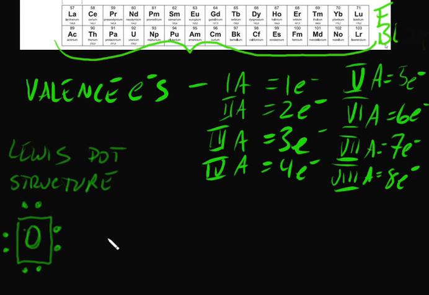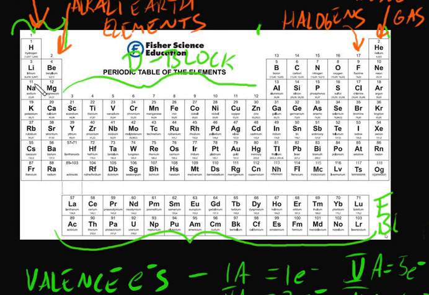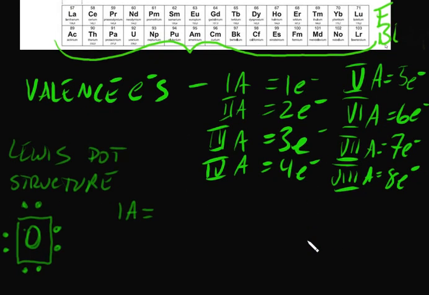So, group 1A atoms, for example, let's do lithium. We'll do all the period 2 ones. So lithium will have one dot, so we'll just put it on this side. We can put it on the top, we can put it on the left bottom, doesn't matter. Group 2A.